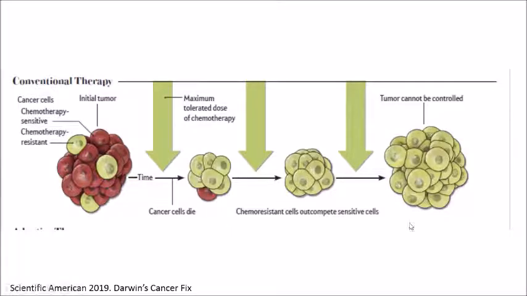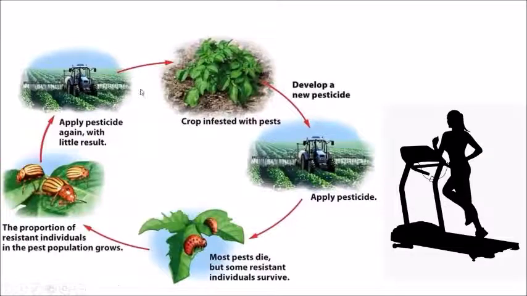And so you cannot use that drug to try to kill off this tumor because all of these cells are resistant. And I hope that you can see that this natural selection scenario is very similar to the other one that I described as a treadmill, not only with pesticides used in agriculture, but also with antibiotics and antiviral drugs.